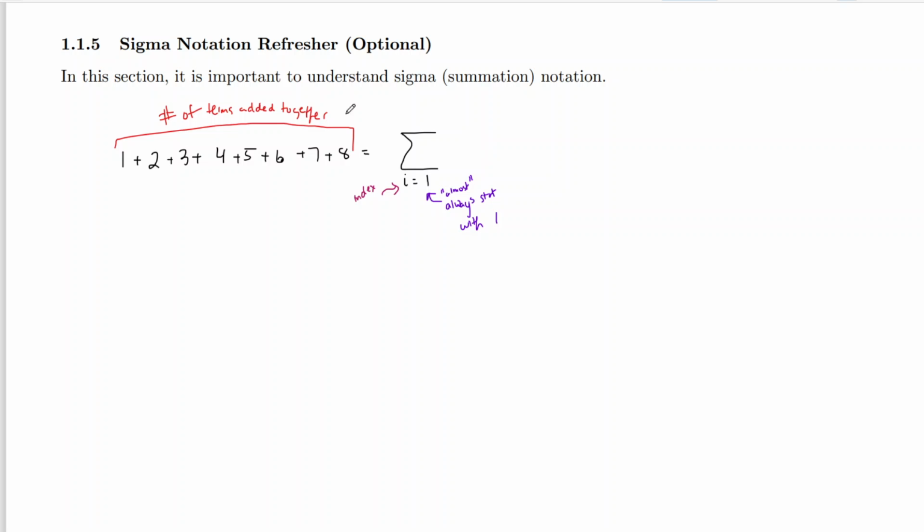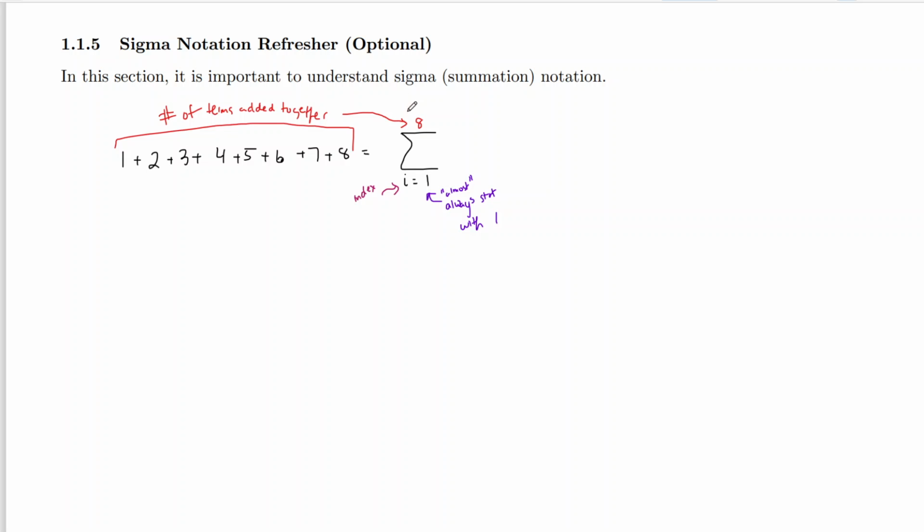You just want to count the number of things you're adding together. We know this is 8 because I started from 1, but you would just count the number of things being added together. We have 1, 2, 3, 4, 5, 6, 7, and 8. And that goes on top here.